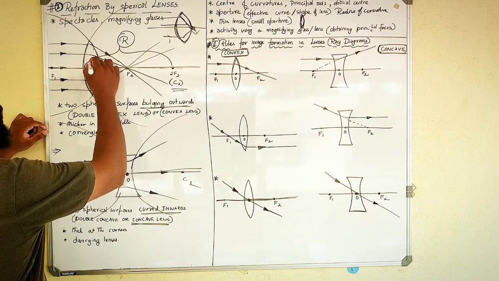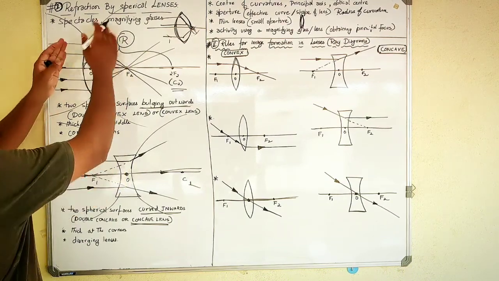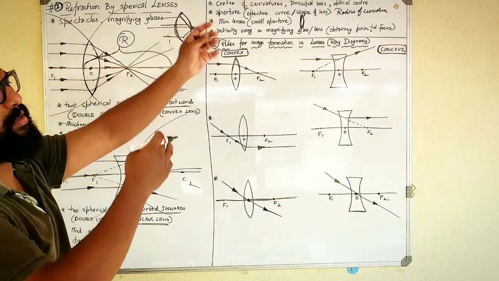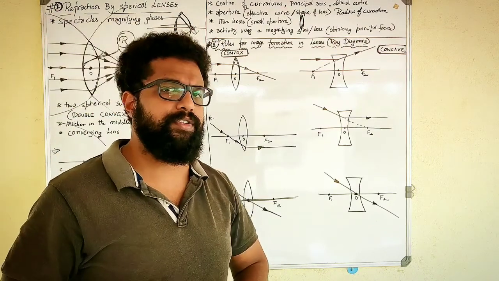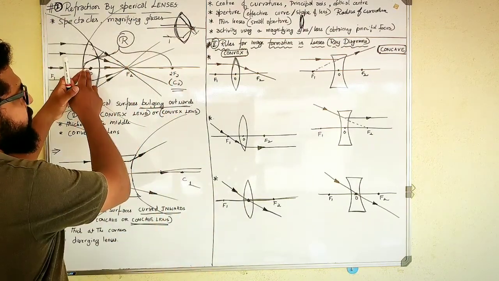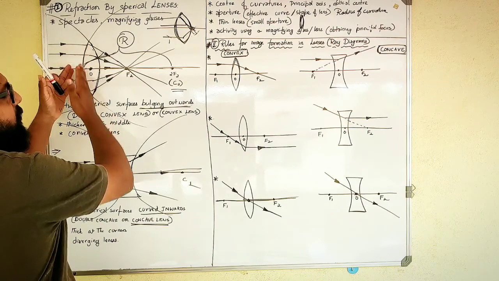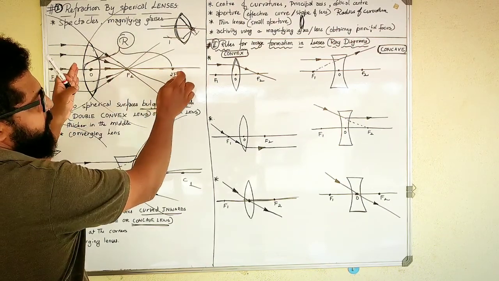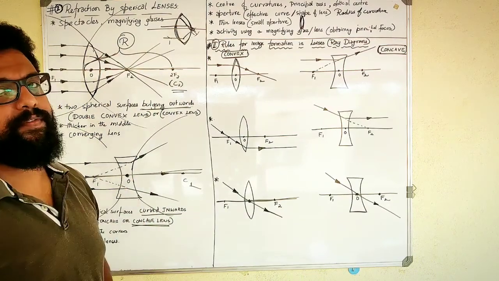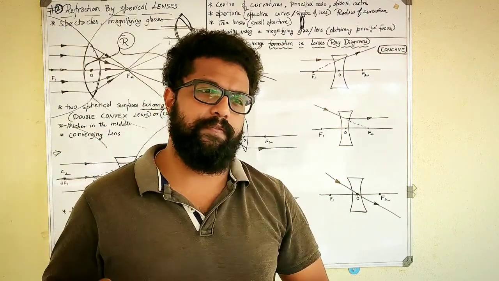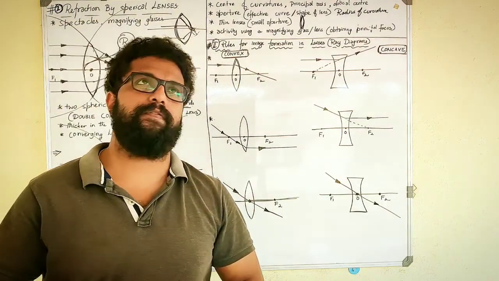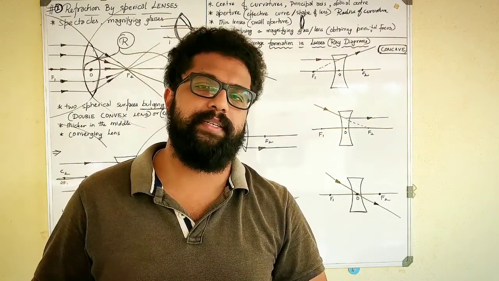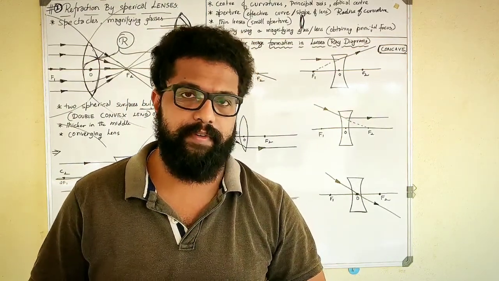It is going to be the surface. The radius of that imaginary sphere is called the radius of curvature. So remember that it is not to the optic center; it is to the surface of the lens. From the surface to the center is nothing but the radius of curvature. So the radius of the imaginary circle, of which the lens is a part, is nothing but the radius of curvature. Okay.